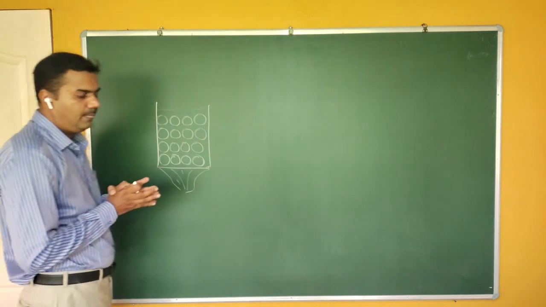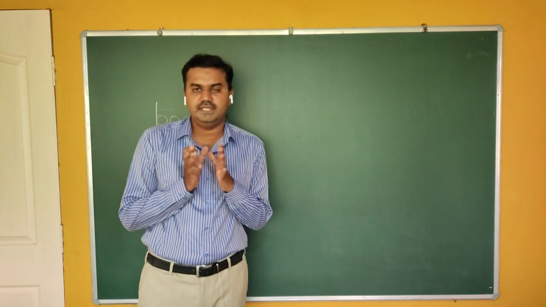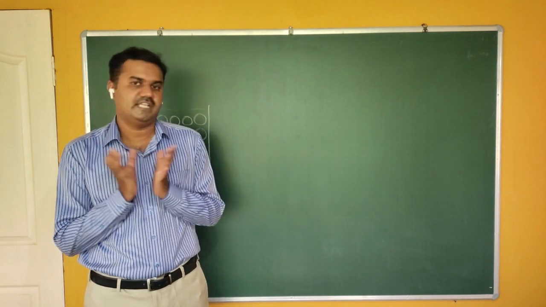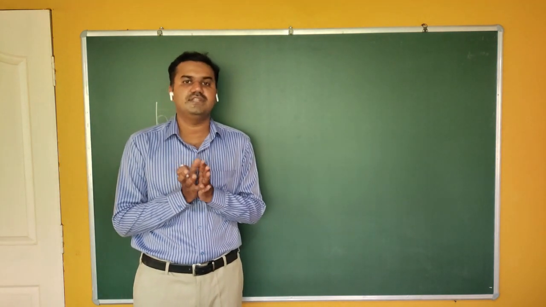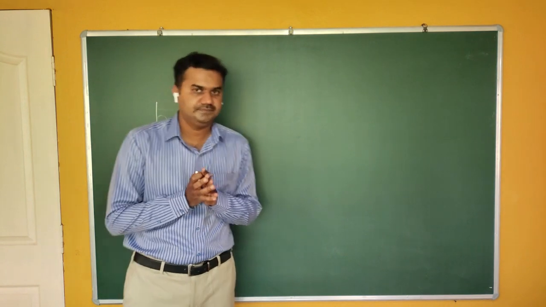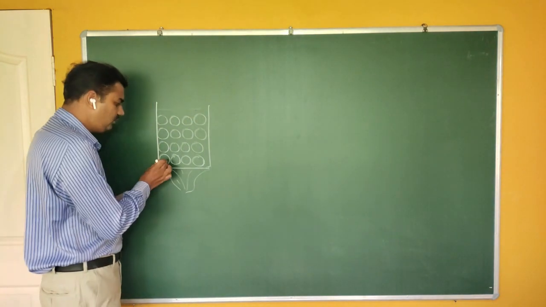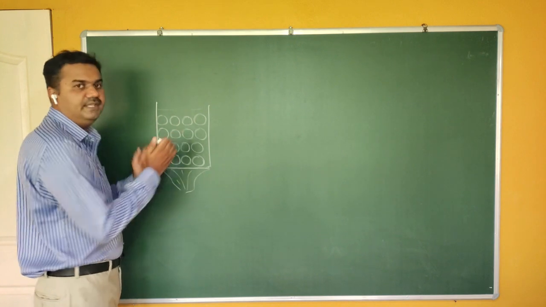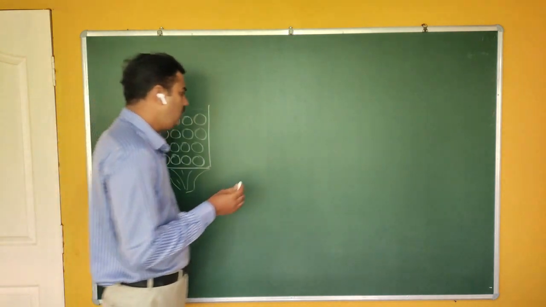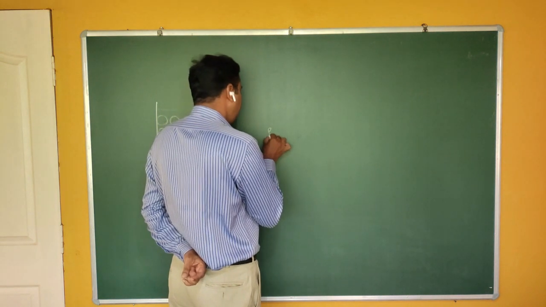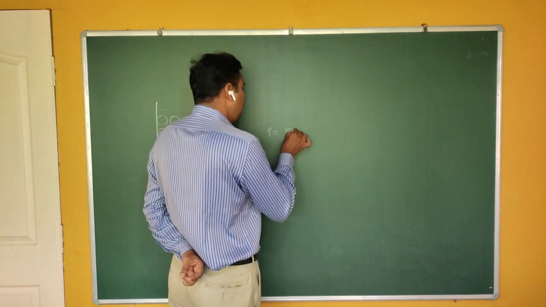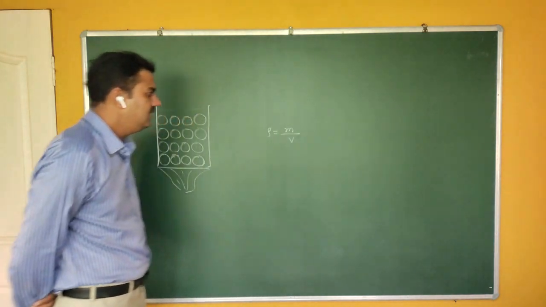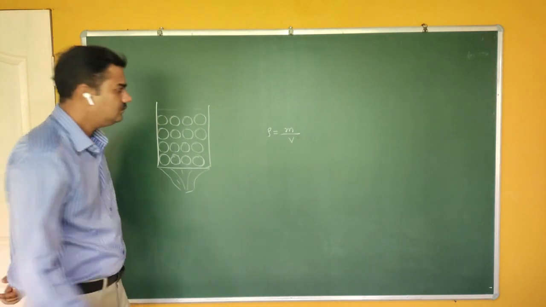As we know, when a material absorbs heat, expansion takes place, the size increases. So when these molecules absorb the energy, their volume increases. What about density? Density is defined as mass by volume.